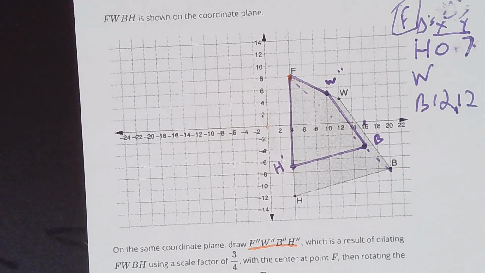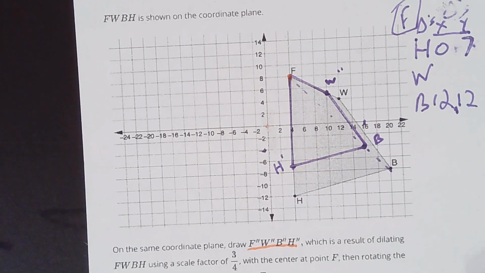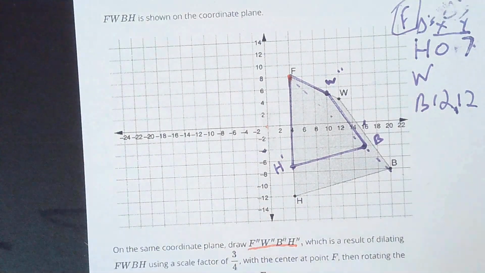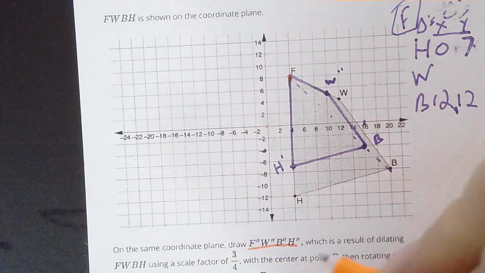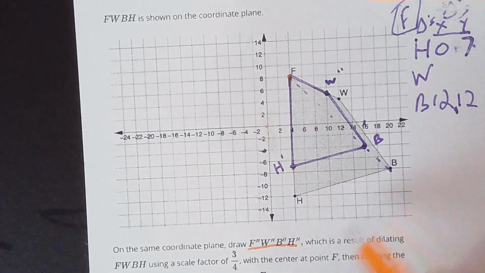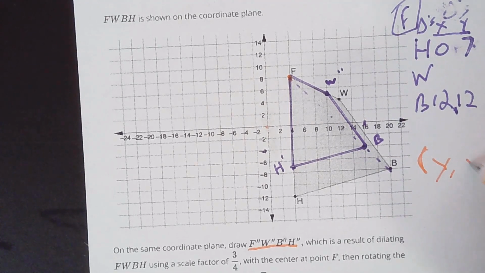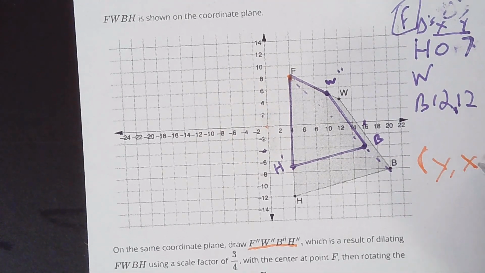Okay, now the next thing is pretty easy. I'm just going to rotate this thing to my orange image. My double prime image is going to be my orange image. So a rotation of, what does it say? A clockwise rotation, my clockwise coordinate pair. Remember, y comma x is when it's a 90-degree rotation. The x and the y flop.